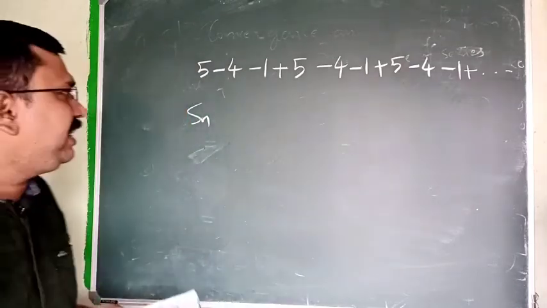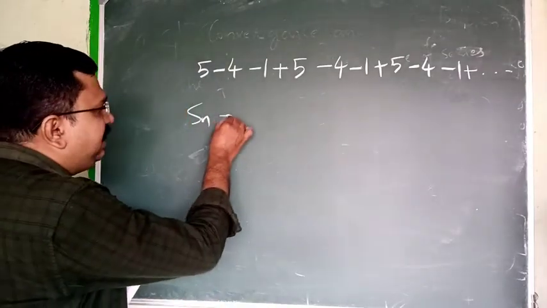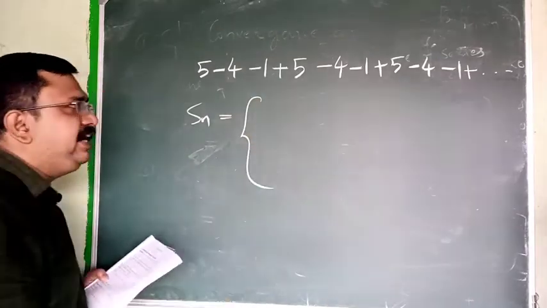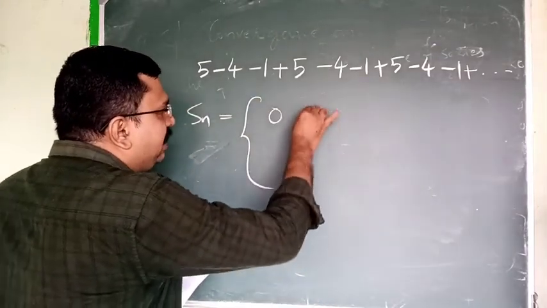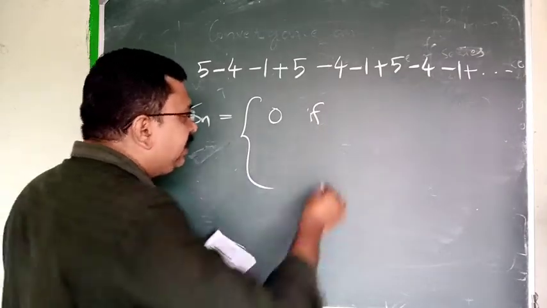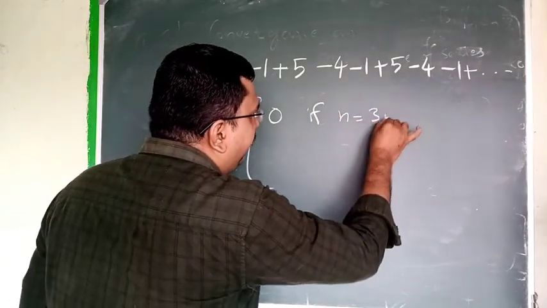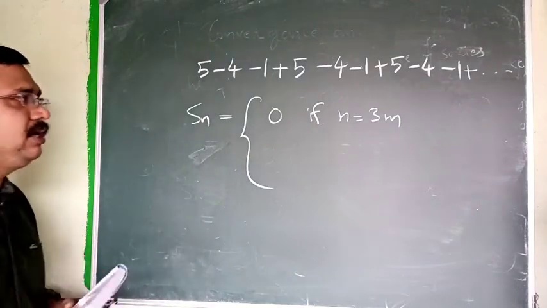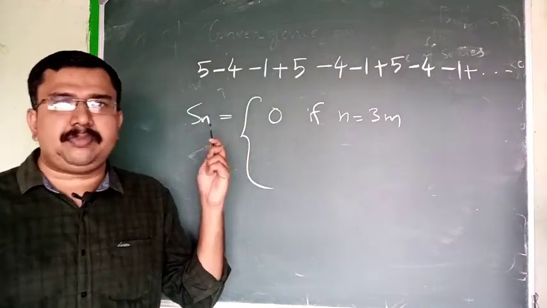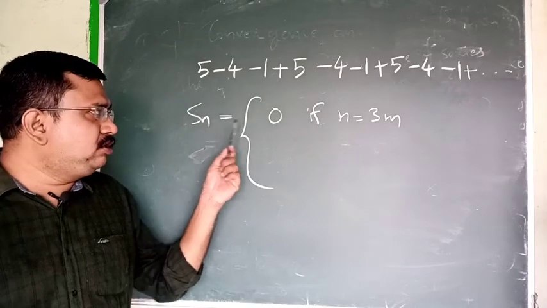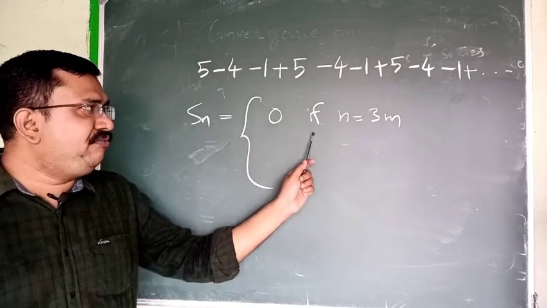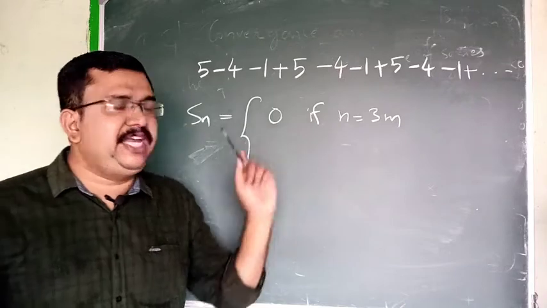Then we can define Sn with 3 conditions. First one is Sn equal to 0 if n equal to 3m.